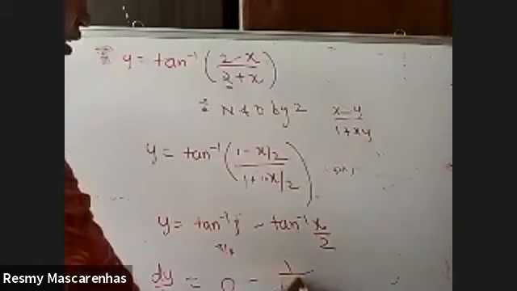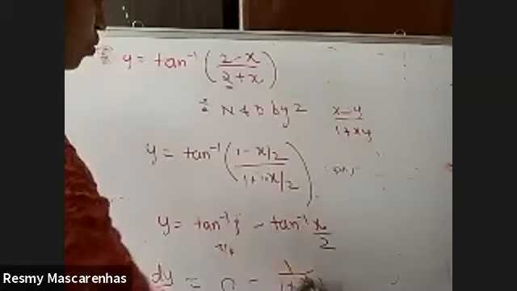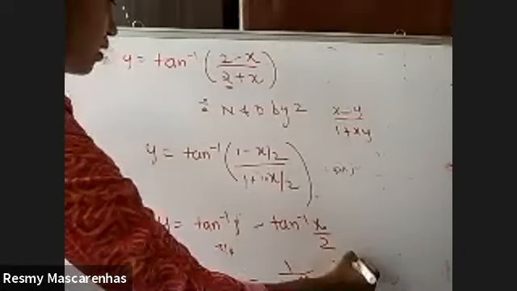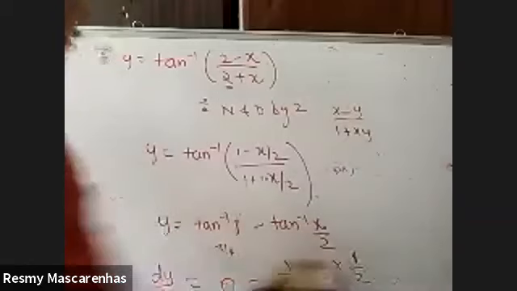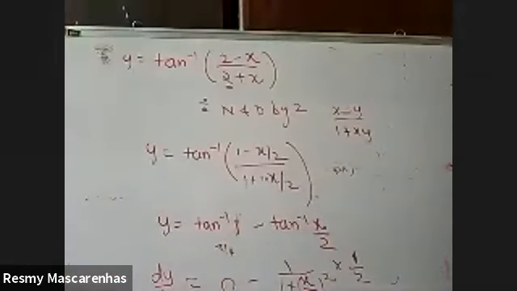And this will be 1 upon (x upon 2) the whole square into the derivative, so into half. I'll write it there if you can't see.